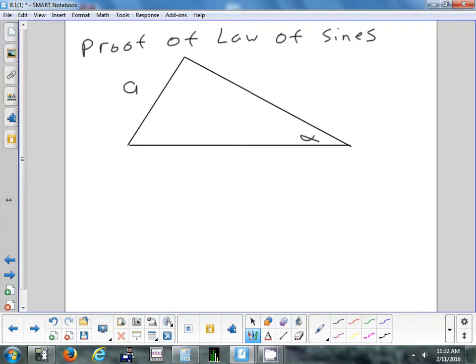Let's label this side B and this angle beta. I don't need to label the third side; I'm not going to use it. My first step is to draw in an altitude from the top vertex straight down, and we could just call it the height of the triangle.